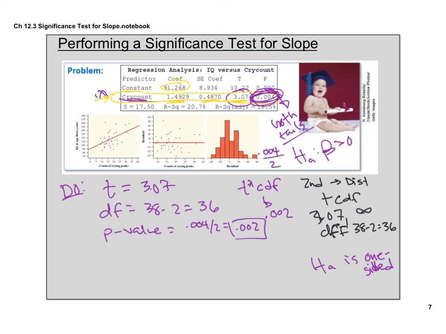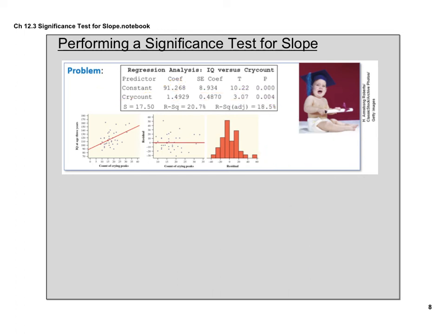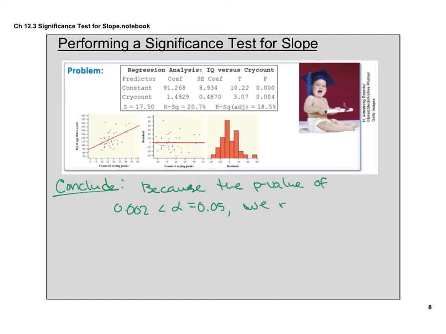You want one tail. Okay, now let's talk about the conclude statement. In conclude, I'm going to conclude that because the p-value of 0.002 is less than alpha equaling 0.05, we reject the null.